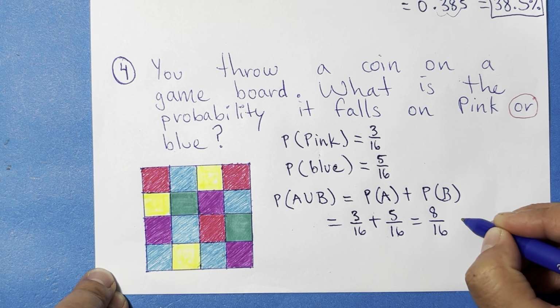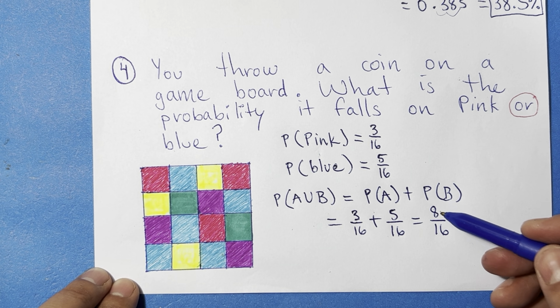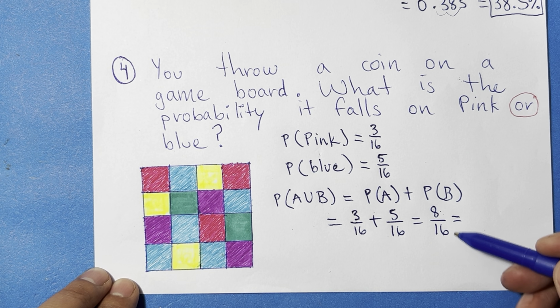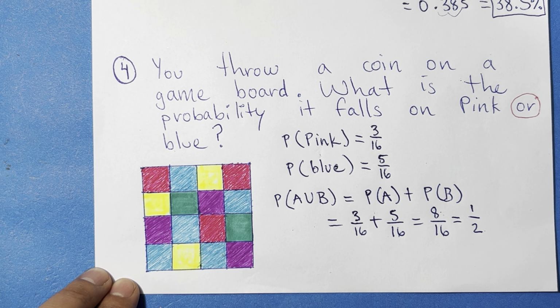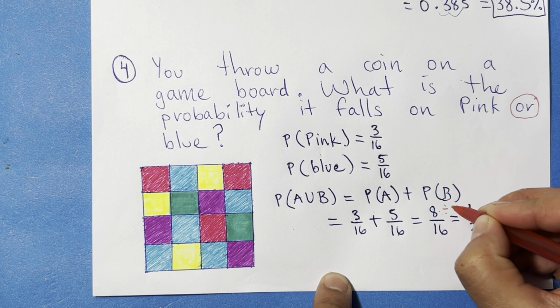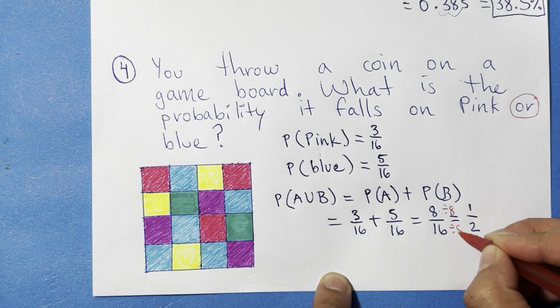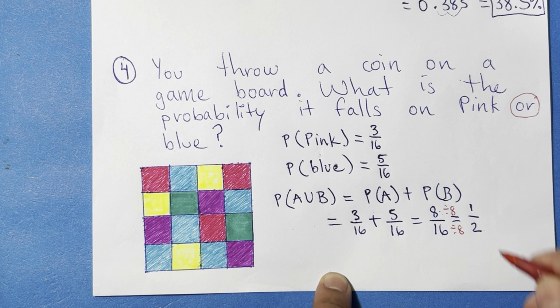Bring over the 16. Now, something that I tell everyone is that whenever the number in the numerator is exactly half of the denominator, when you simplify, the answer will always be 1/2. Why? Well, both are divisible by 8. And so 8 divided by 8 is 1. 16 divided by 8 is 2.